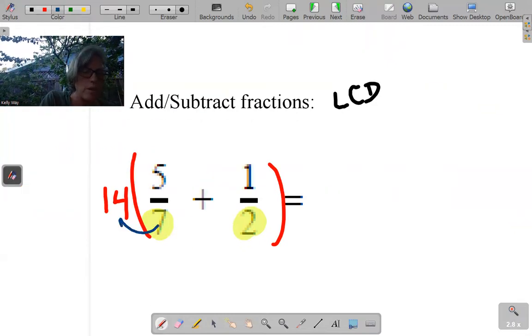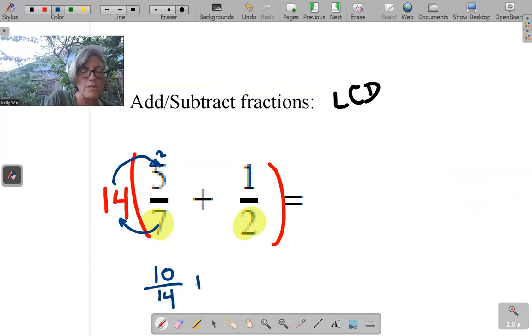Arrow in. 7 goes into 14 twice. So you come around. I'm going to put a little baby 2 here. And 2 times 5 is 10. So this becomes 10/14. And I have a plus sign.